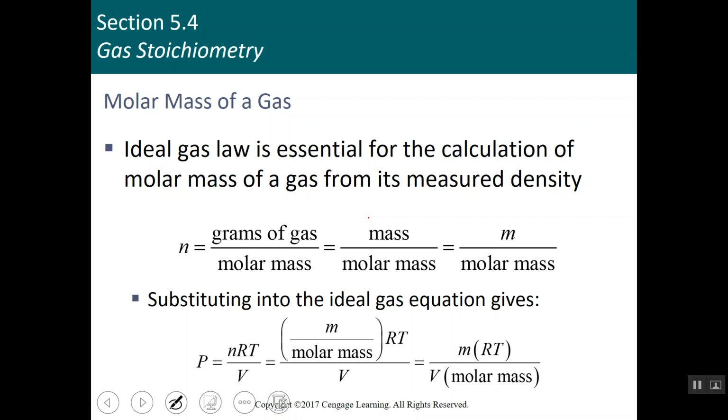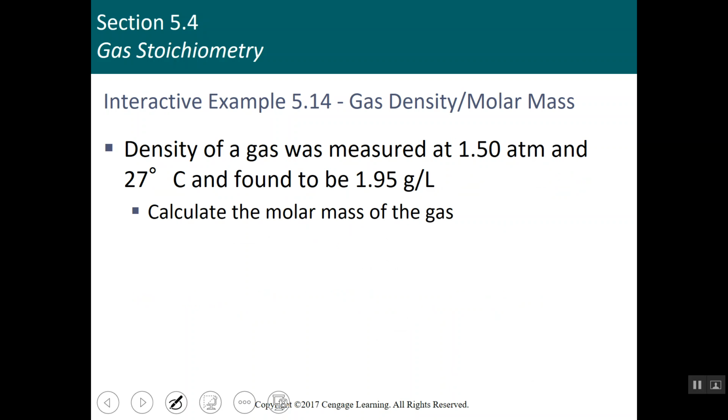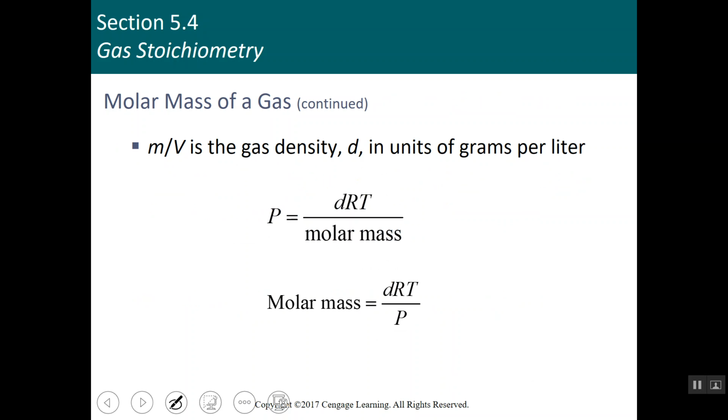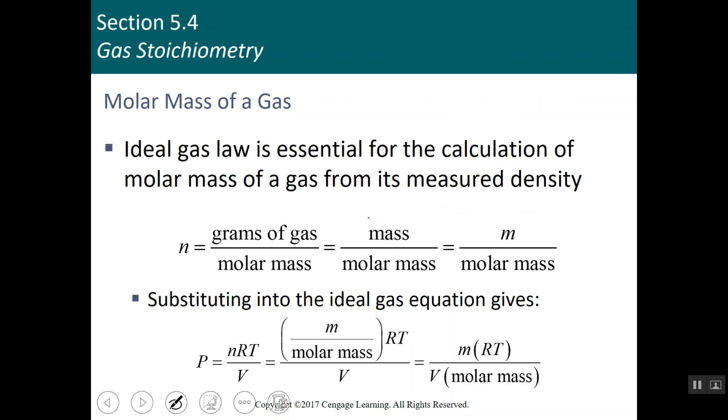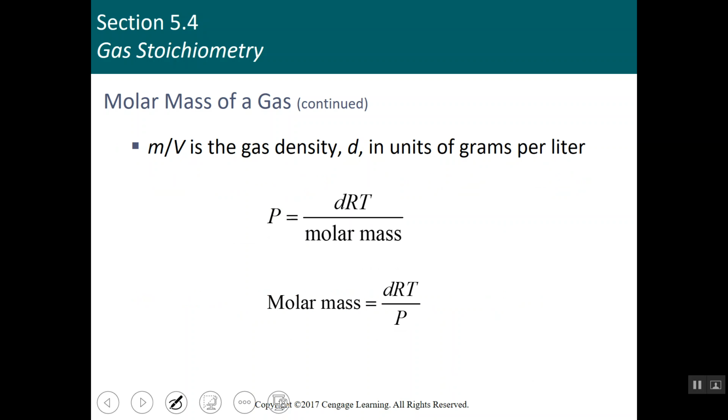We actually do this particular calculation in lab when we do the Dumas method, when we're trying to determine the identity of an unknown volatile compound. Notice that when they substitute it in here, the number of moles divided by the molar mass, we come up with, and we can put density into our equation, and then we can come out with molar mass.